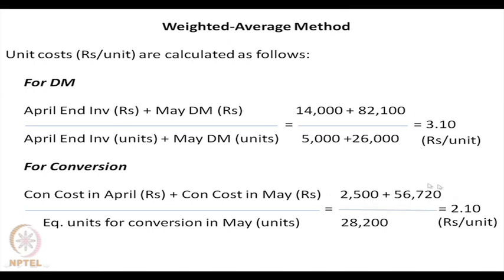So, this was in the numerator and this was in the denominator, giving a unit cost for conversion of rupees 2 and 10 paise. Therefore, the total unit cost became 5 rupees 20 paise.